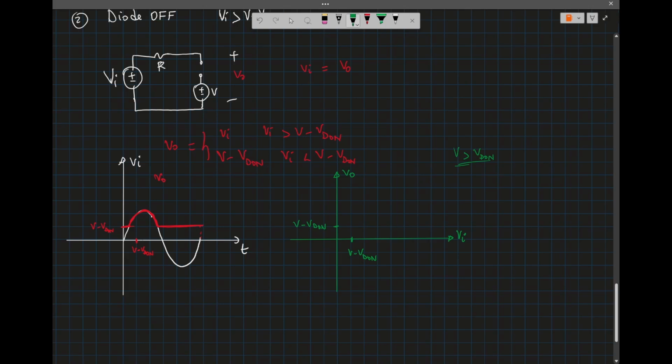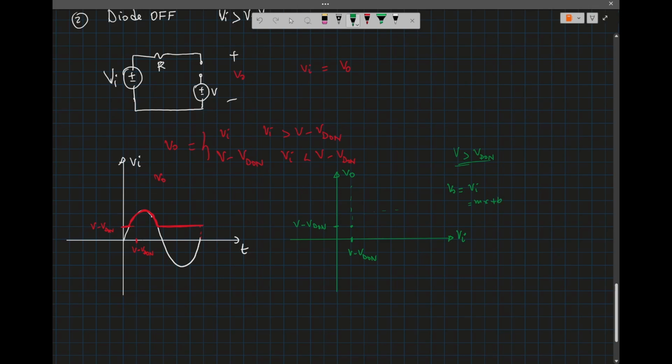Now when VI is bigger than V minus VD1, which is on the right, then V0 equals VI, which is like mx plus b.